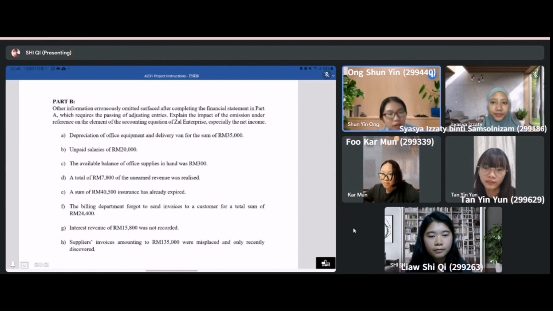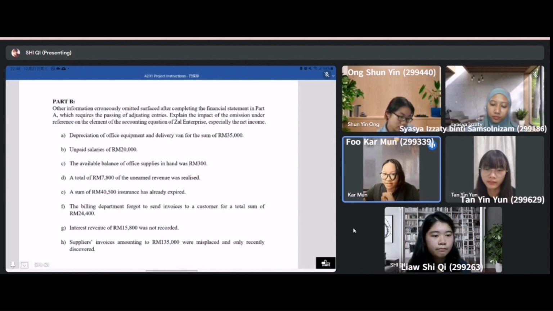For question H, a supplier's invoice amounting to 135,000 was misplaced. My opinion is supplies expenses as debit and the credit side is accounts payable, and the amount is 135,000. I have another answer. I think this would be debit cash and credit accounts payable.